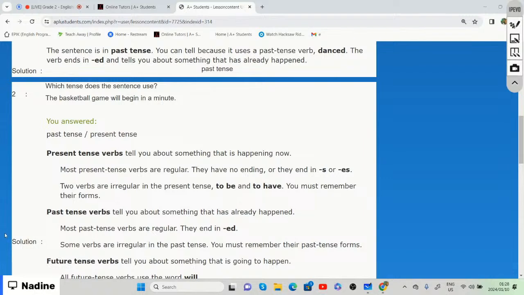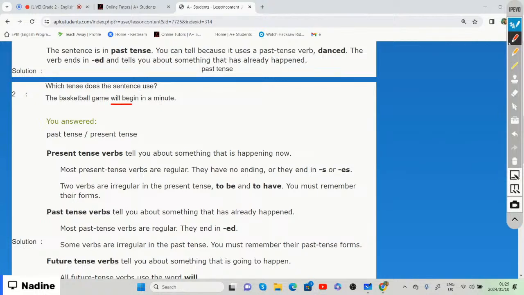Does "will begin" show that it is currently in the present tense?